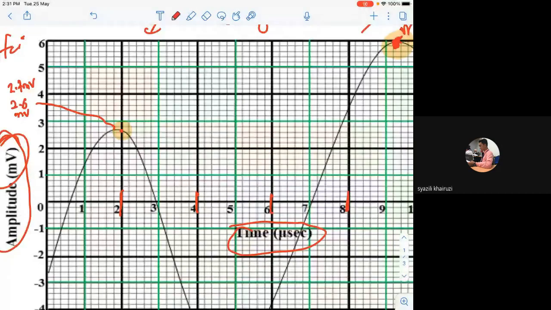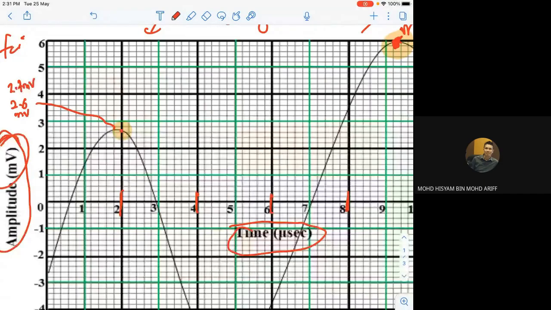Some of you will say 2.7. Sometimes some students say 2.65. Correct or not?